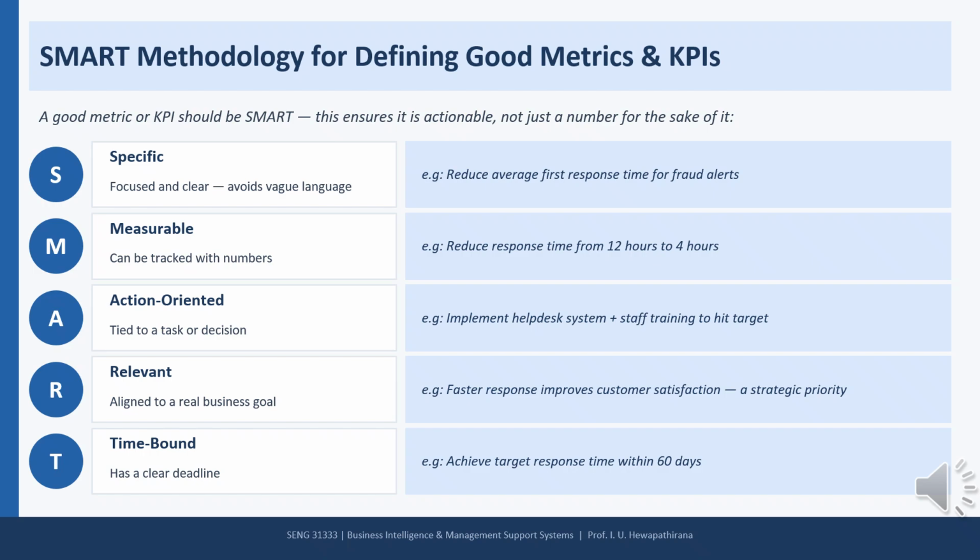Achieving it requires doing something concrete. In our example, the action is to implement a new help desk system and provide staff training. Relevant means the metric is genuinely aligned to a business goal that matters. Faster fraud response times improve customer satisfaction, which is a strategic priority.